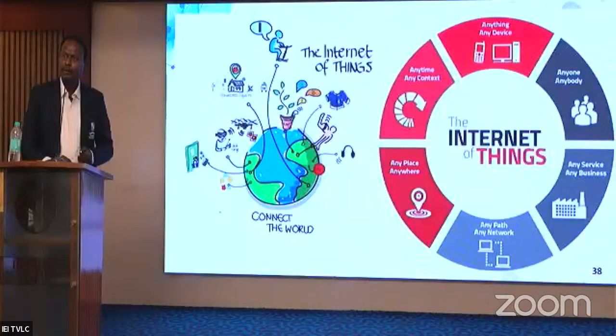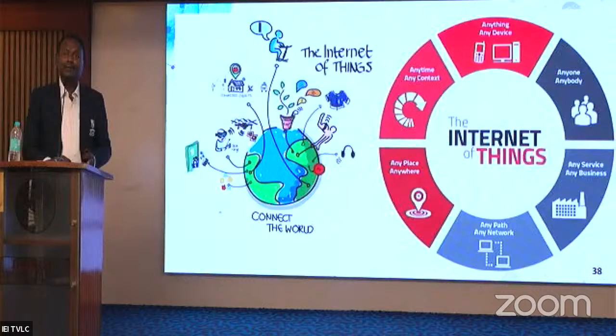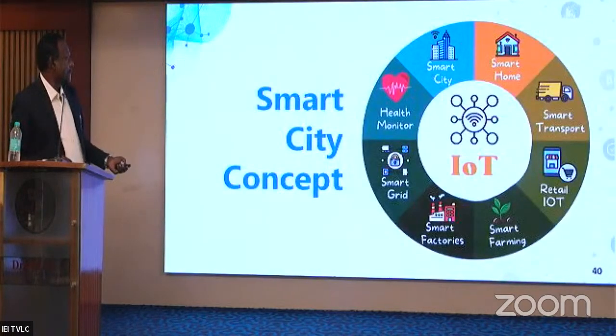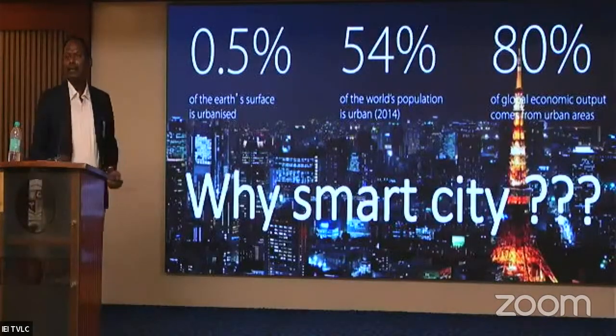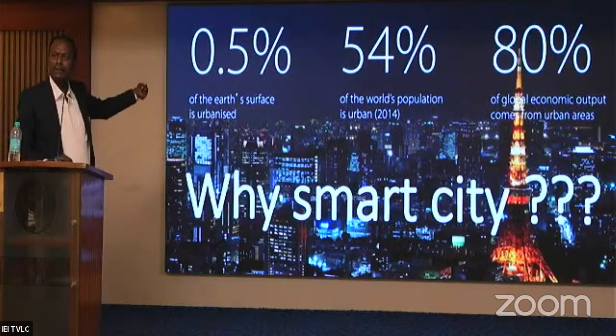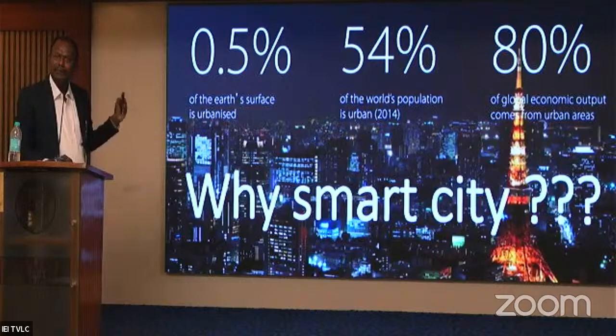Now you know the government of India, and even the governments of all countries, wanted to have the smart city concept introduced. I think you know the reason behind it. Only 0.5% of the total Earth is urbanized.